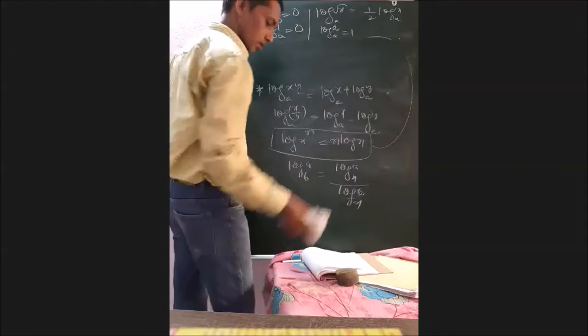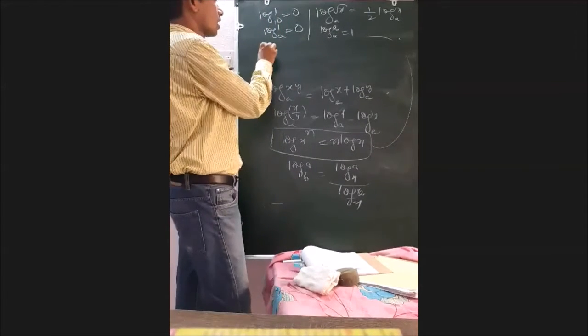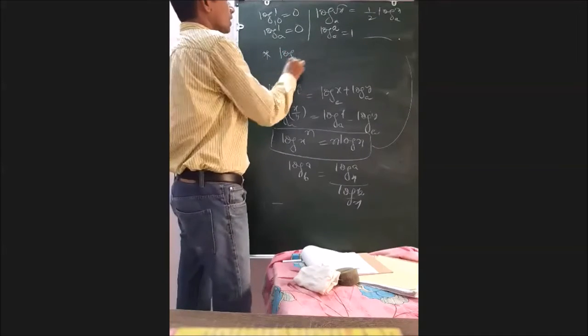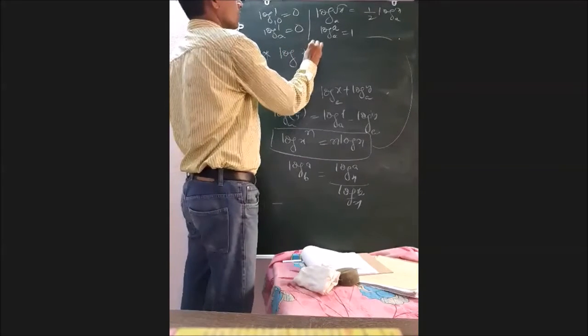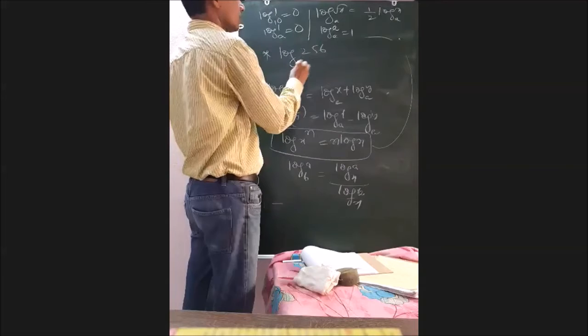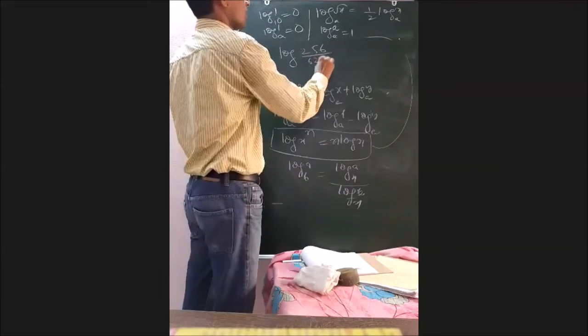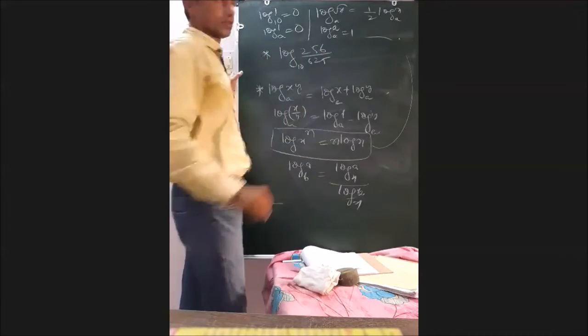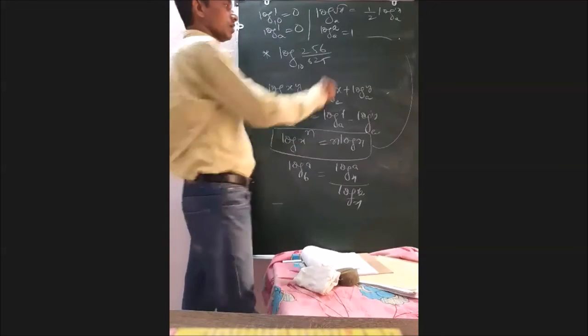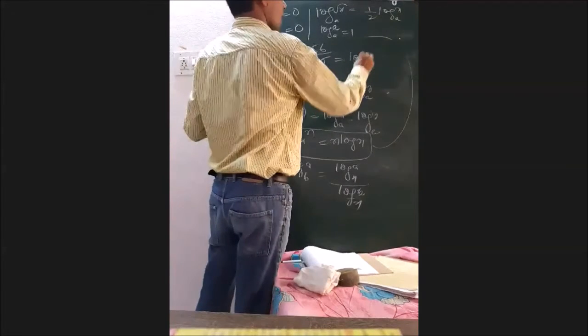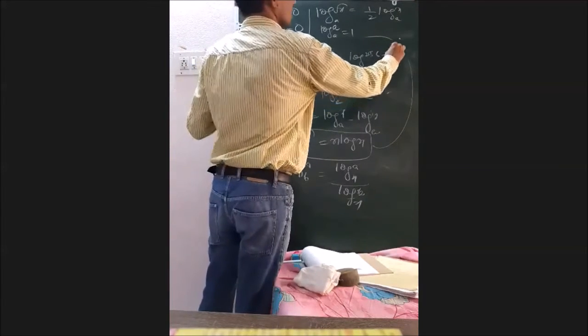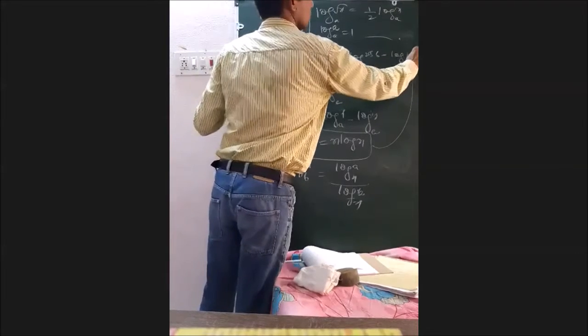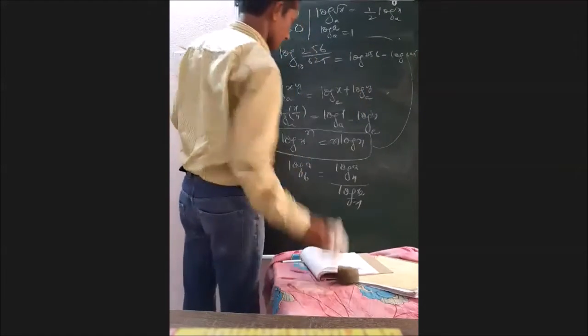What kind of questions may you come across? For example, express log 256 by 625 to base 10. It can be written as log 256 minus log 625, whatever the base may be.